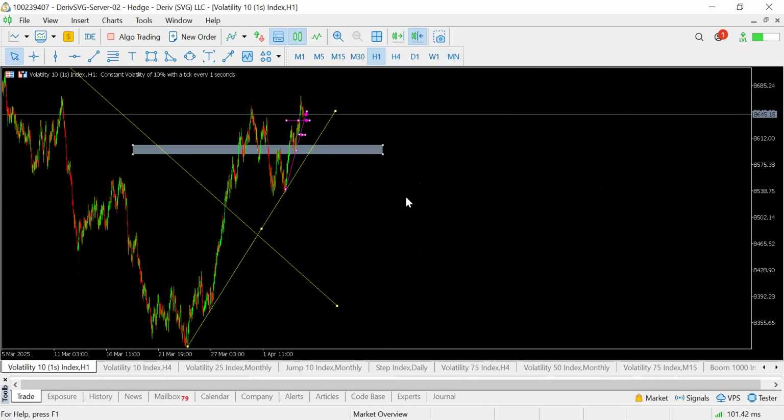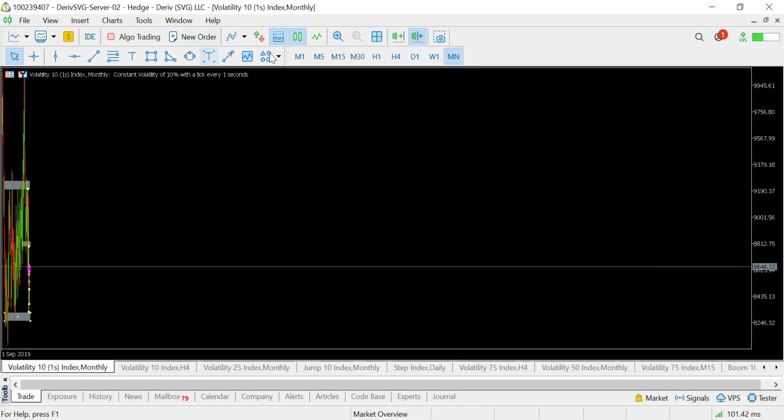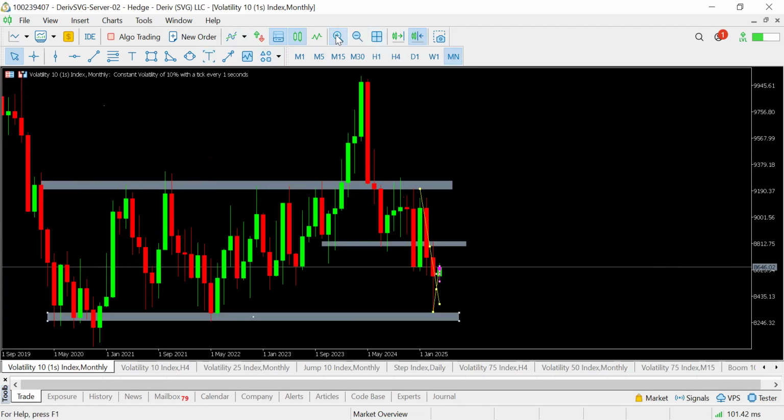So basically, if I'm to recap what we've said for Volatility 10 (1s), we said from the monthly time frame that it's in a downtrend, but there has been a rejection, which means the market is making a retracement.